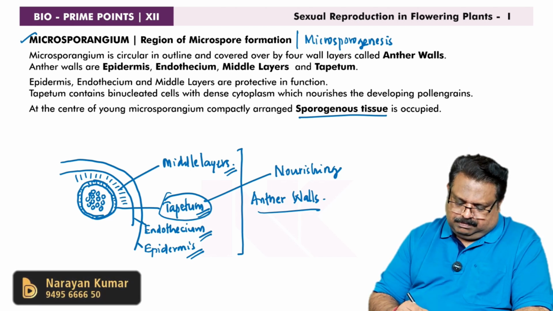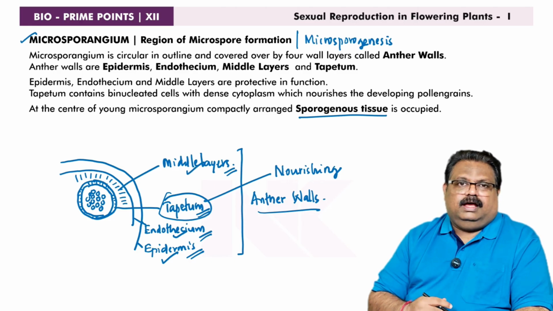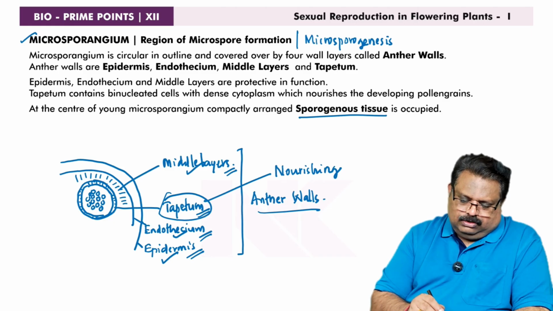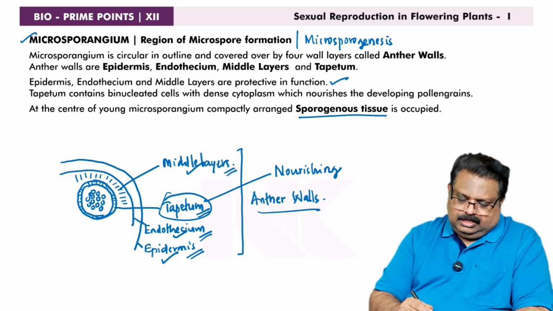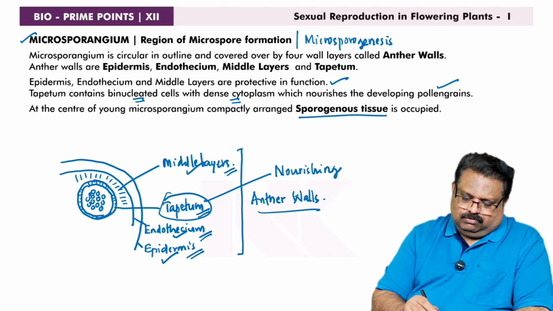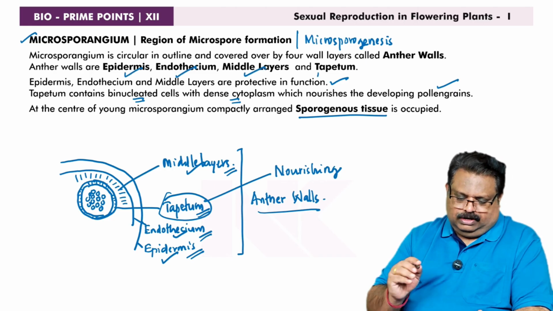All others, such as epidermis, endothecium, middle layers, are considered to be protective and help in the dehiscence of anther. Tapetum contains binucleated cells with dense cytoplasm, which nourishes the developing pollen grains. Anther walls are epidermis, endothecium, middle layers, and tapetum, 4 layers.